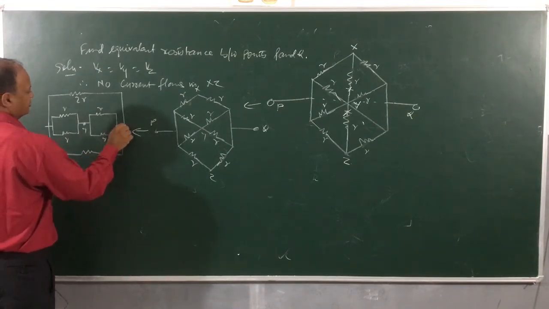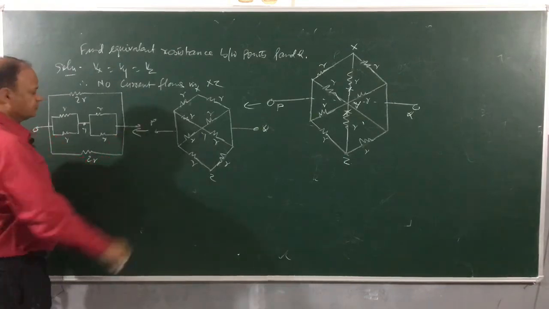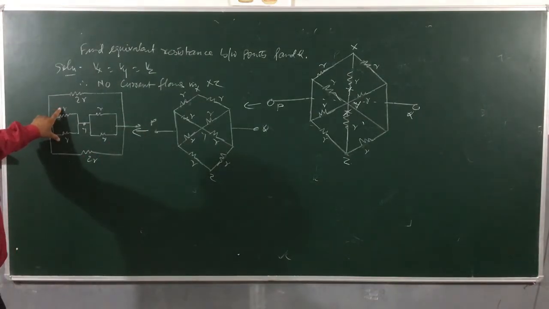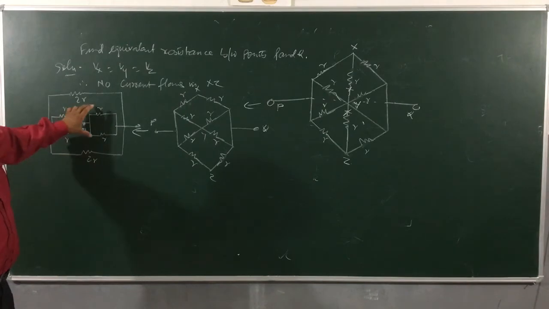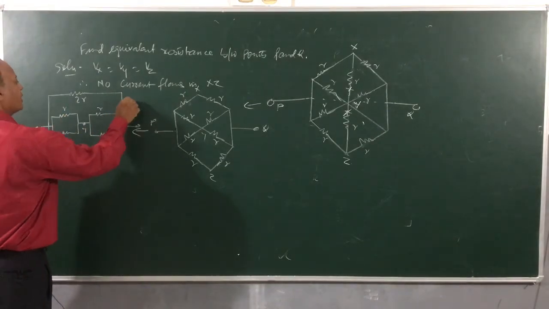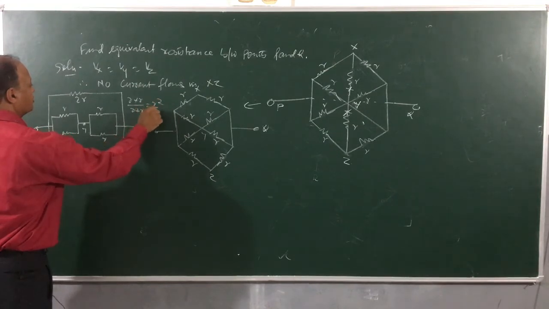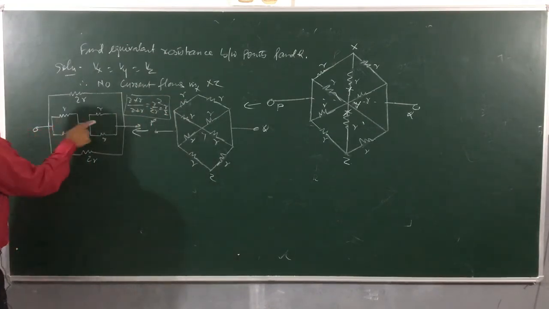R and R resultant is also 2R. Okay, children, let's work out. Now, R and R in what? Parallel. Pay attention. R and R in parallel. So, the resultant is how much? R by 2. There is R and R also in parallel. The resultant is how much? R by 2. Resultant of these two will be R into R divided by R plus R, R square by 2R. So, it is R by 2. So, this is R by 2 and R by 2.